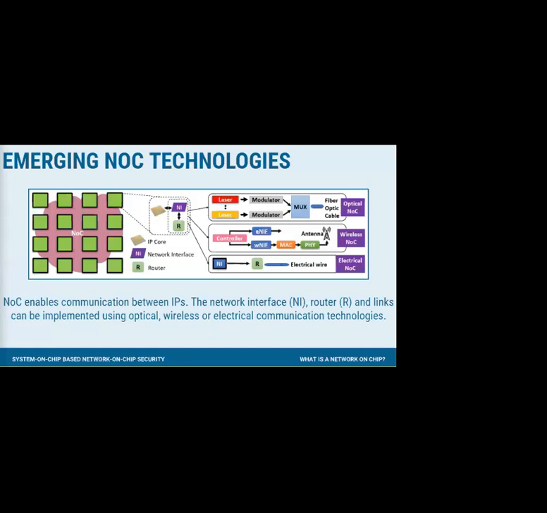However, recent advancements have demanded exploration of other alternatives as well. With the advancement of manufacturing technologies, the computational power of intellectual properties has increased significantly, and as a result, the communication between system on chip components has become the bottleneck. Irrespective of the architectural optimizations of electrical network on chip, there are inherent limitations due to the physical characteristics of the electrical wire being used.